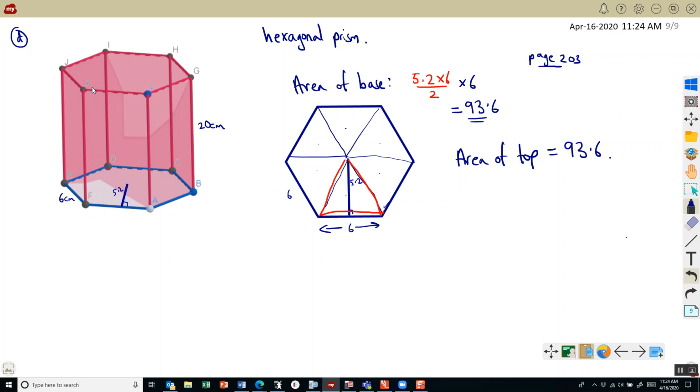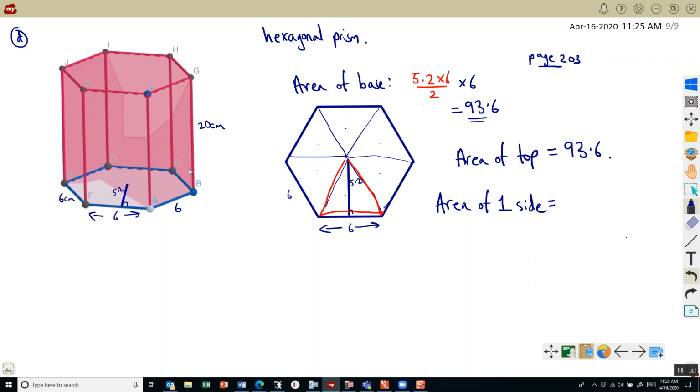And what about the area now of these side shapes? Let's say area of one side. Well, what do we know about all these sides? Each side has got length 6, or width 6, and has got length 20.